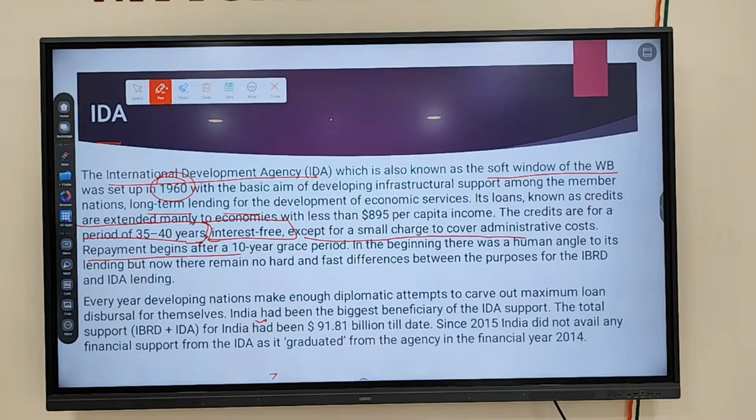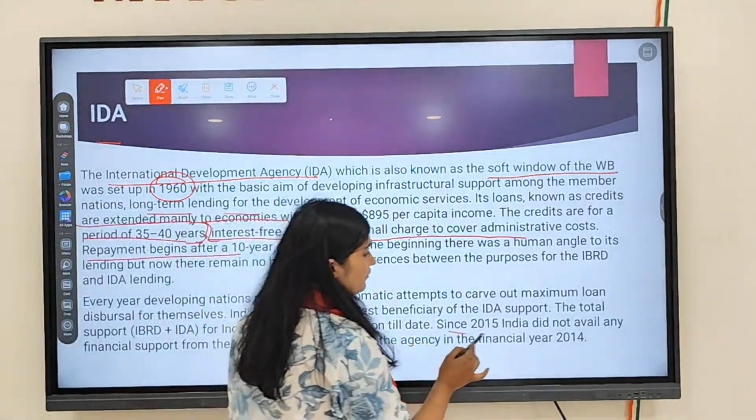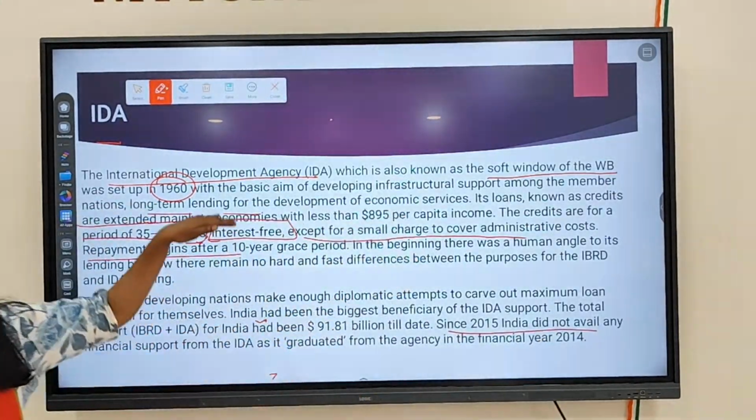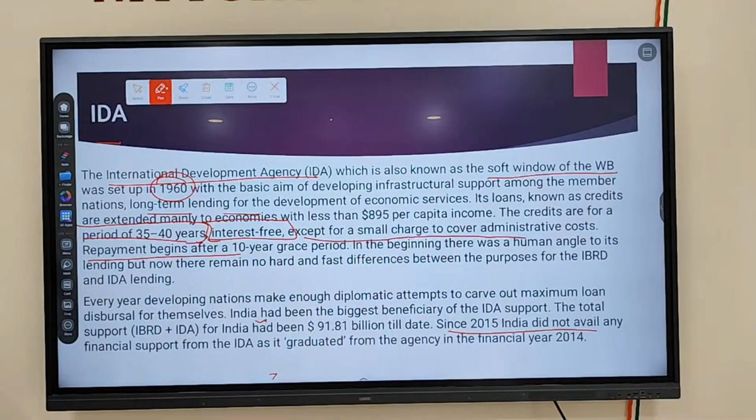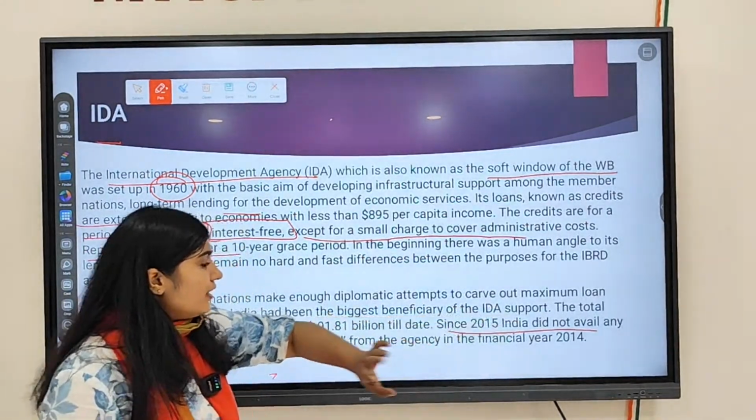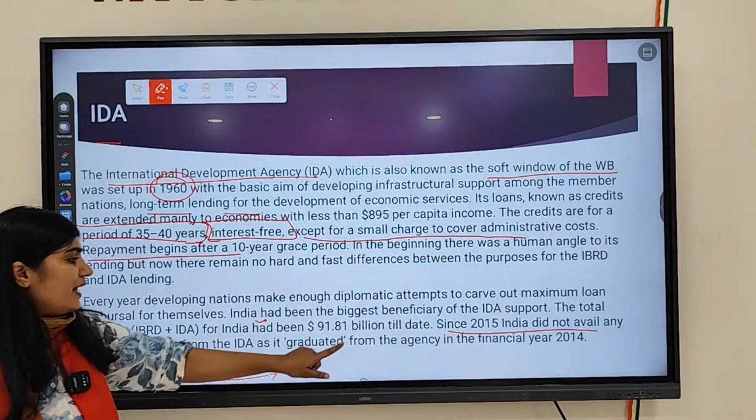Just write down whatever I have highlighted. And very important, since 2015, India stopped taking this kind of free loans. Till 2015, India did not avail any financial support from IDA.